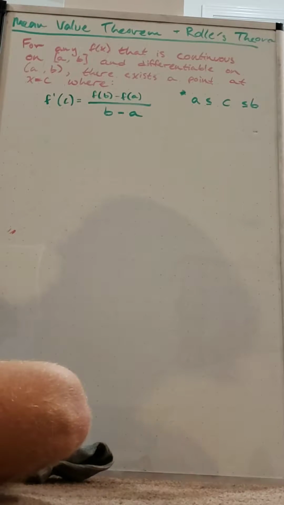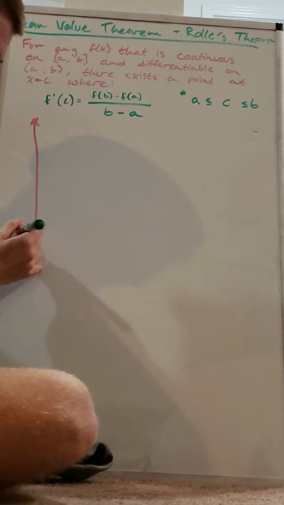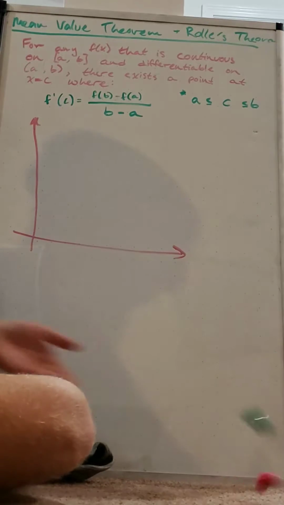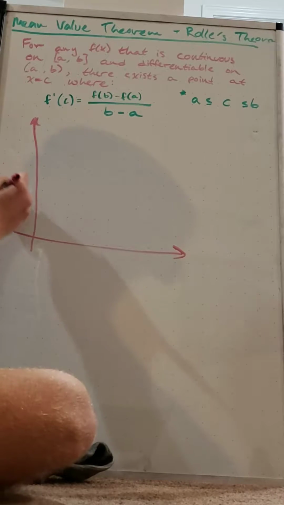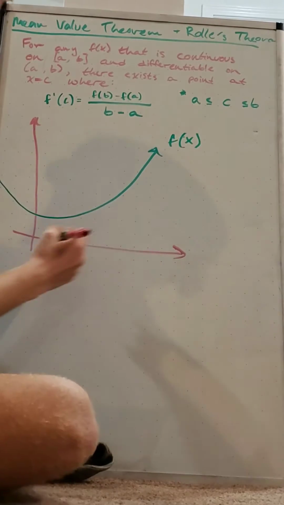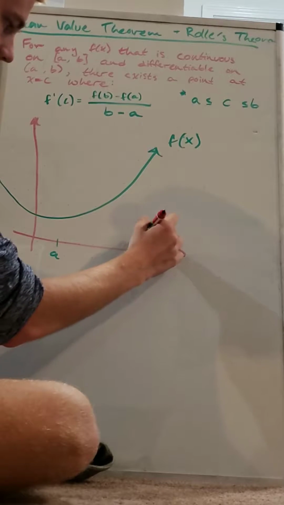So let's draw this out and see what it means. So we have any function, right? Something like this, call it f of x. This is a, this is b.